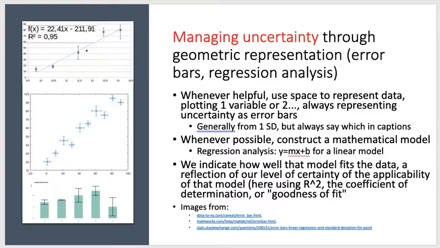And then there is an r squared value, technically known as the coefficient of determination, and it's one of a number you can use to capture goodness of fit. This is how uncertainty is expressed in a geometric expression. That is, whenever you're plotting.